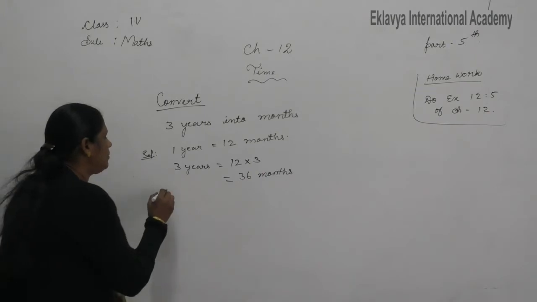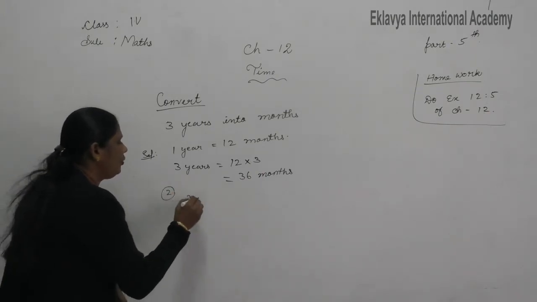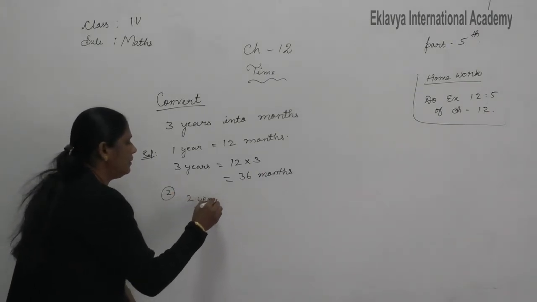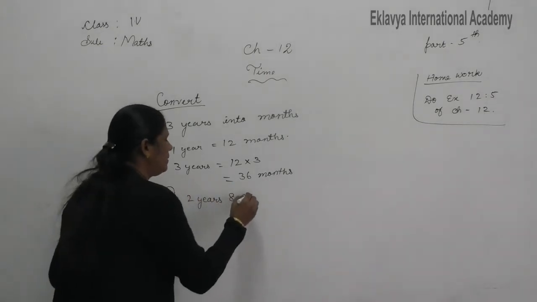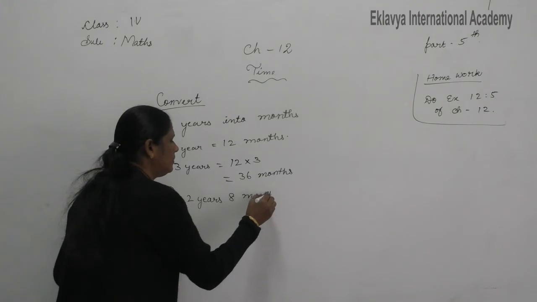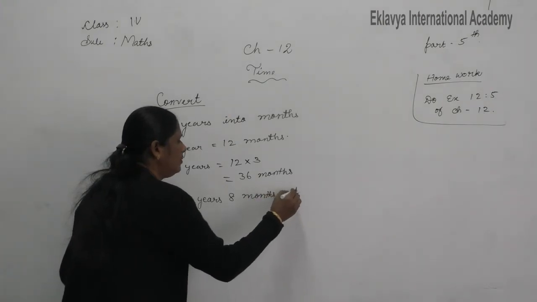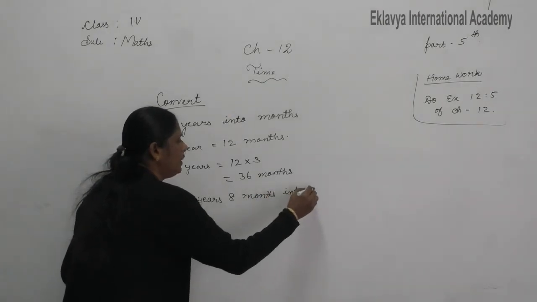Then the second question: 2 years 8 months into months.